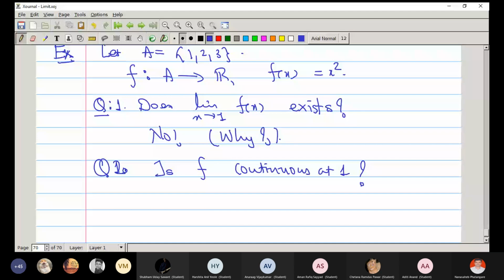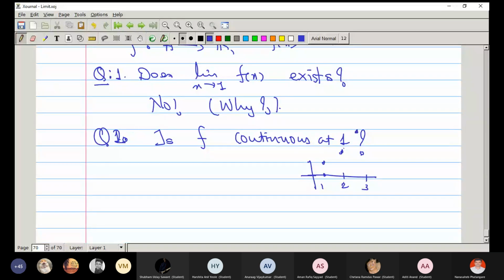Okay, so my domain is the set {1, 2, 3}. These are three points in the domain, and the value of the function is 1 at 1, 4 at 2 and 9 at 3. So this is the graph, you can say, right? And is f continuous?